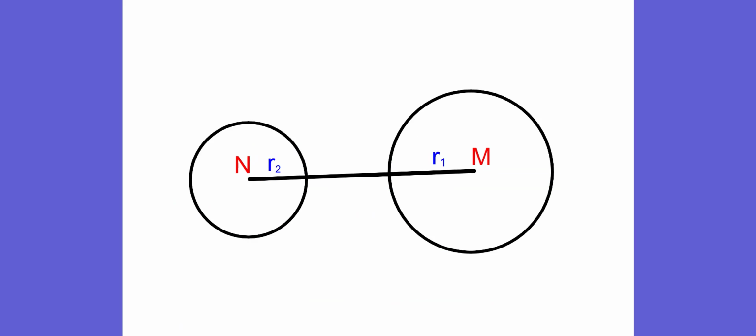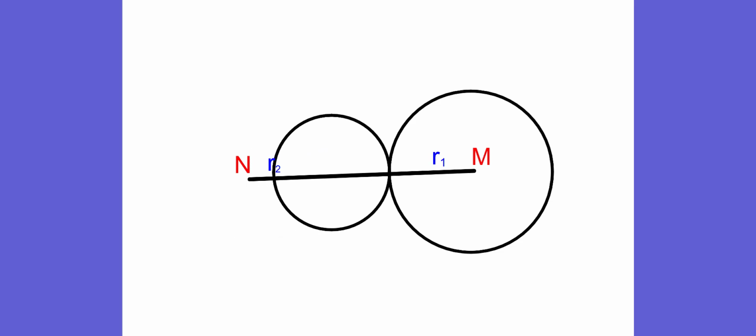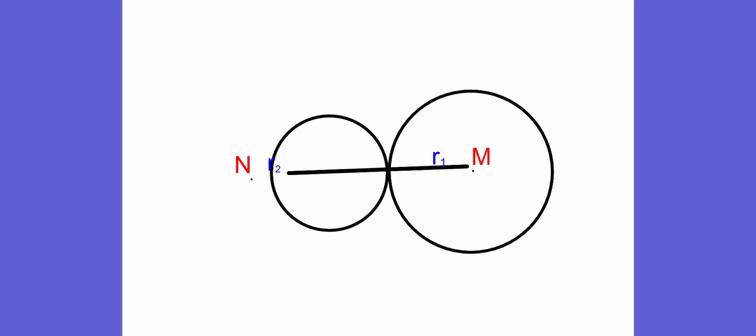Look at the figure again. When one of them is closer to the other, like this circle, look at circle N, it's closer to circle M, like this form.